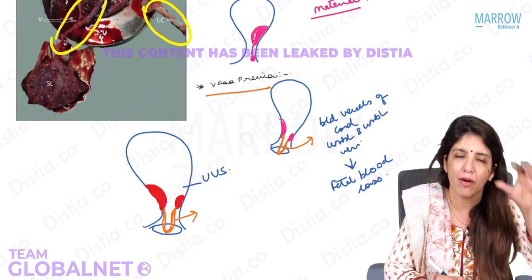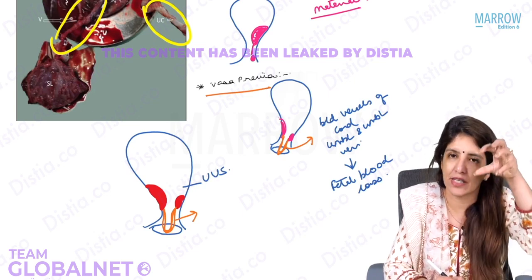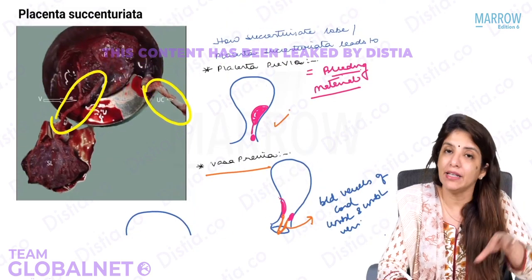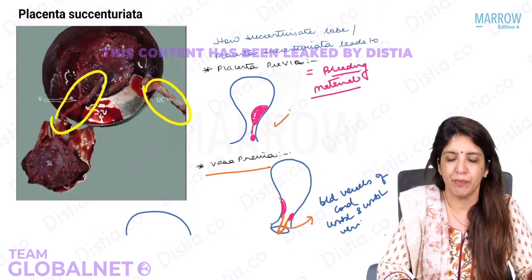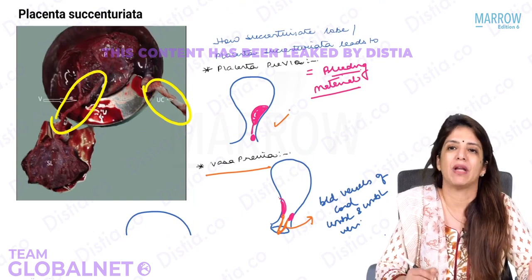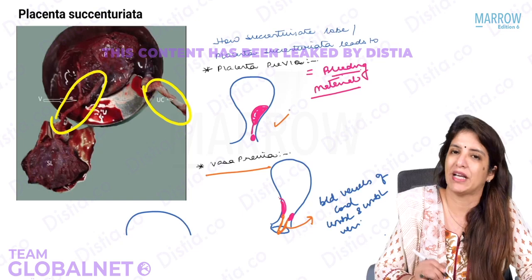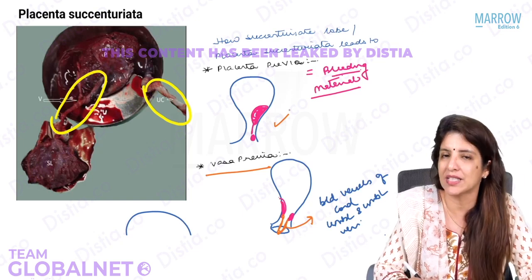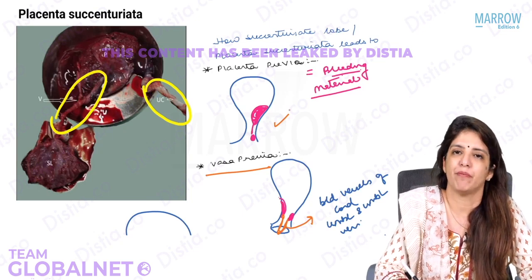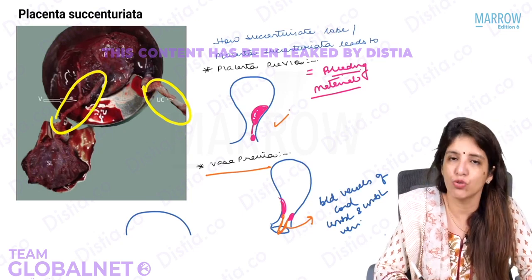Placenta previa means a part of the placenta is in the lower uterine segment. So yes, a succenturiate lobe can lead to placenta previa. It can lead to vasa previa. So is the case with placenta bilobata also. Placenta bilobata can lead to placenta previa, and placenta bilobata can lead to vasa previa also. Clear to all of you?